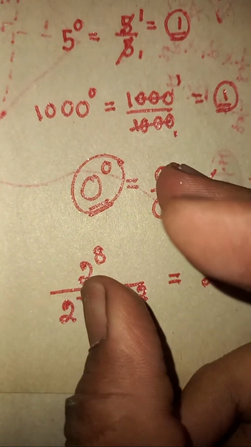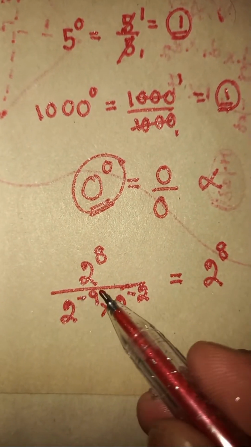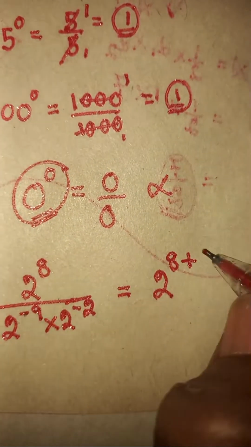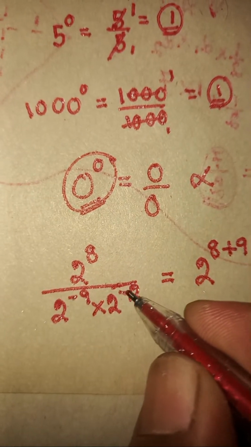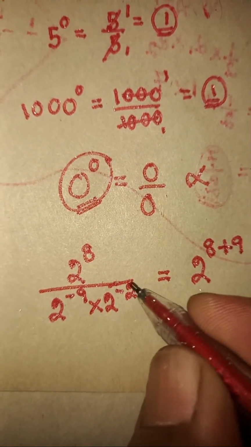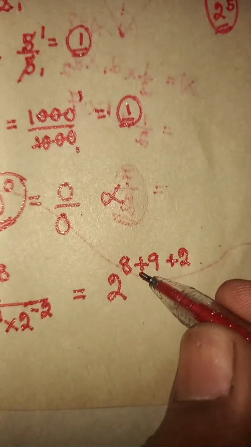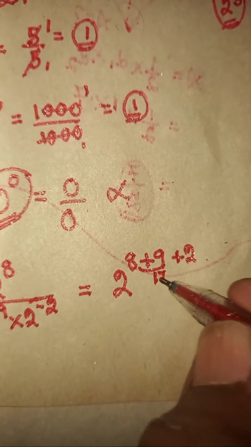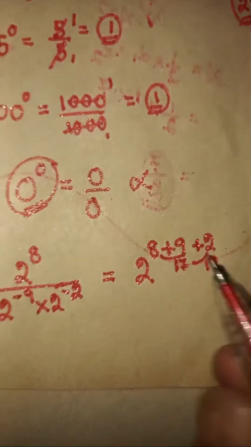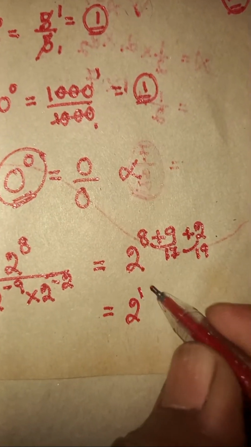When it comes above it becomes negative, negative of negative becomes positive, so it becomes plus 9. Here also minus of minus becomes plus, so it becomes plus 2. If you add them, 8 plus 9 is 17, 17 plus 2 is 19, it is equal to 2 power of 19.